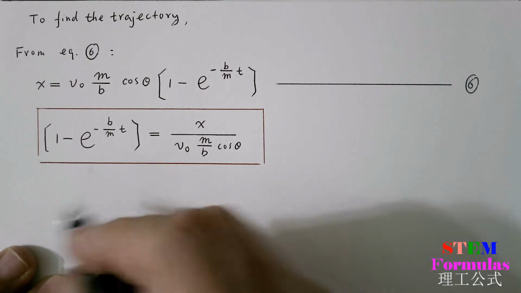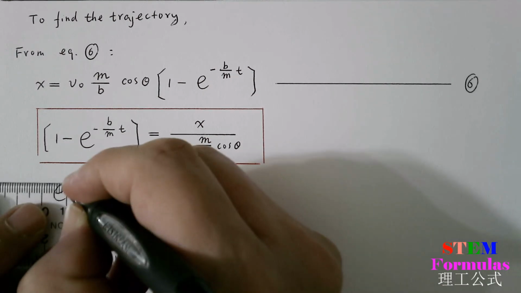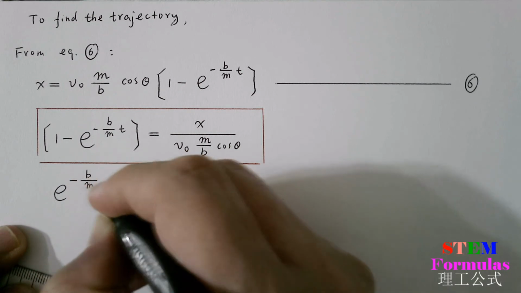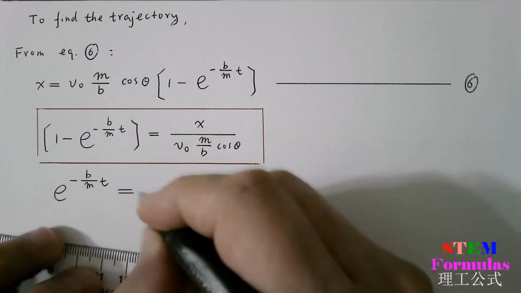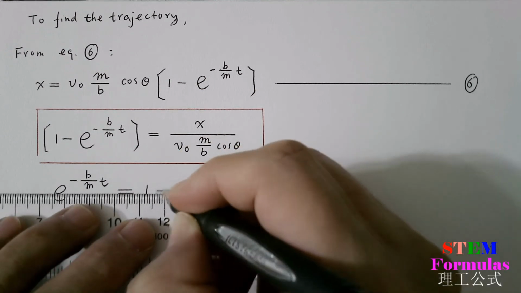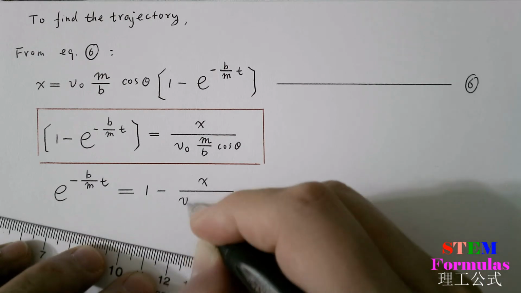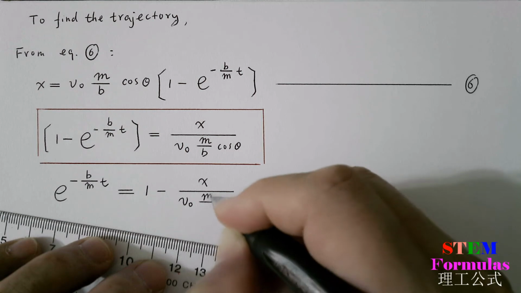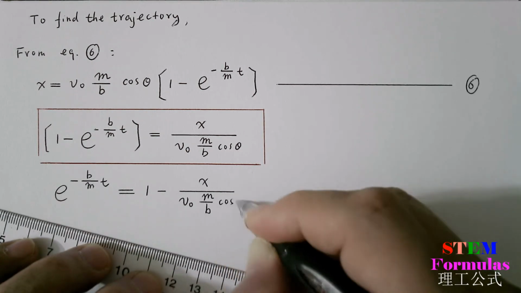From this equation, we can find further e to the minus b divided by m t equal 1 minus x divided by v0 times m divided by b times cosine theta.